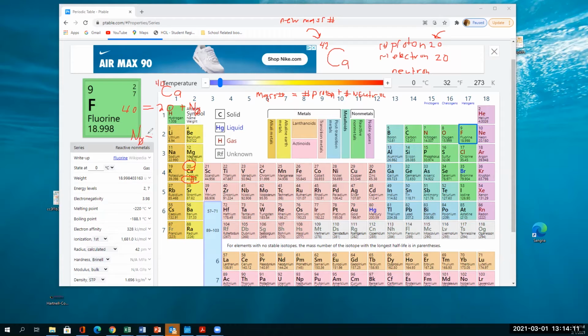Which would be the 20? That's right. In the case of the isotope, where the new mass number is 42, we'd use 42 here. 42 minus number of protons, 20. Okay, and then we solve for N naught.